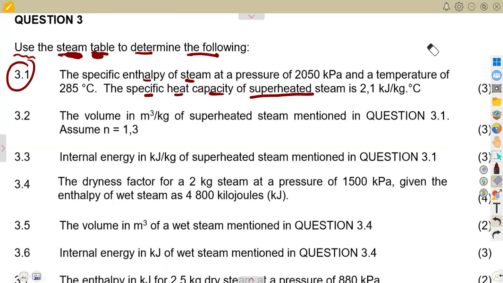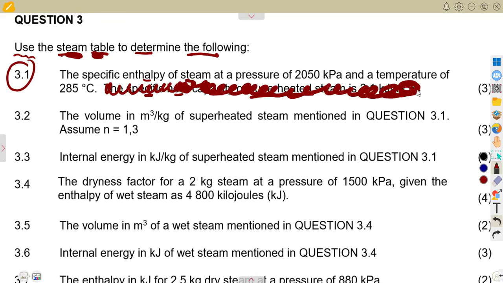the reason why I'm saying this is that they might not give you this one, which is the specific heat capacity of superheated steam. They might not give us this. Why?